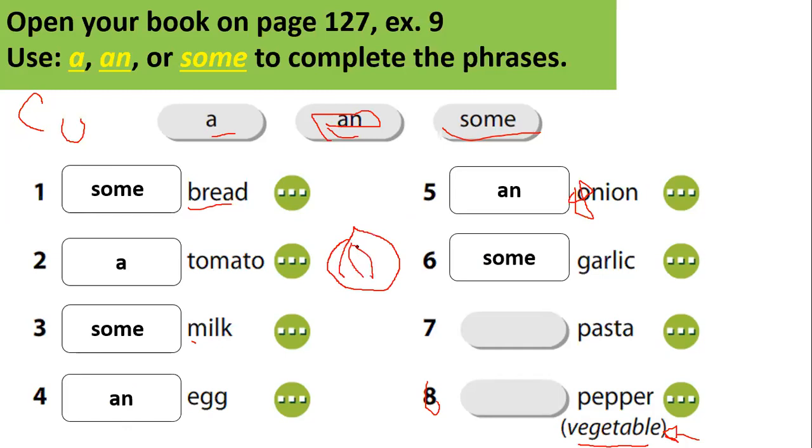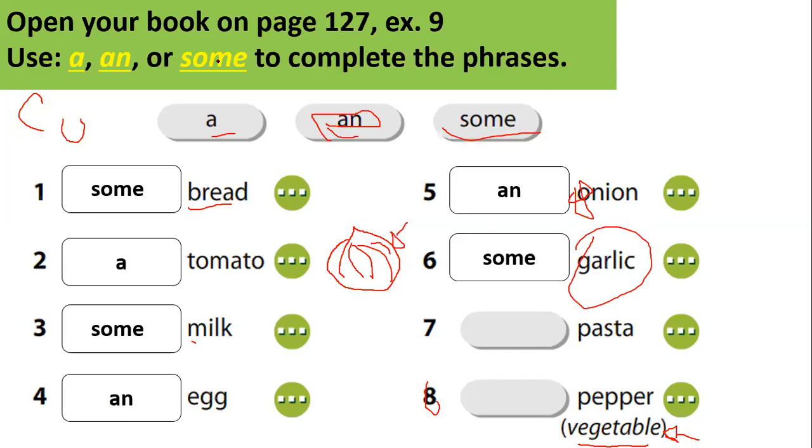So the garlic has the teeth, el diente, like we said in Spanish. So we count the teeth of the garlic. So one tooth of garlic, two teeth of garlic. But the garlic like this is uncountable.